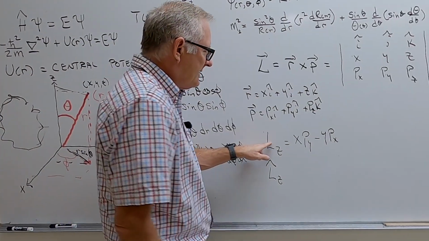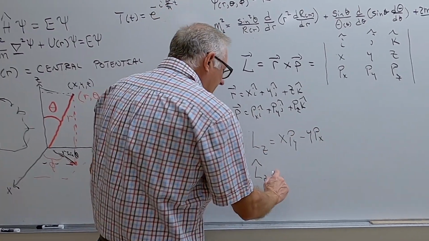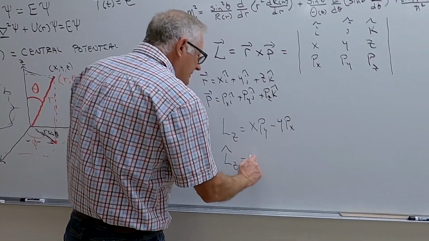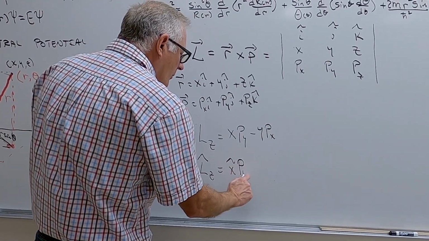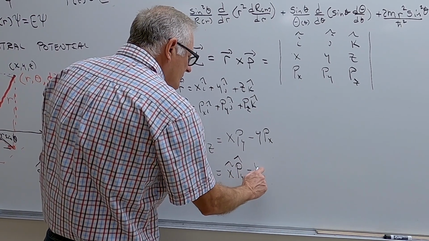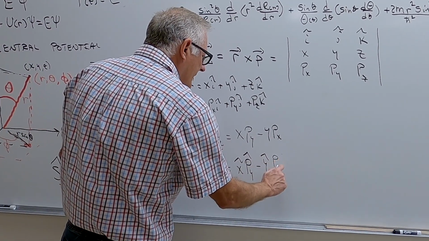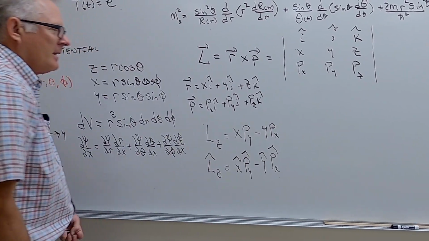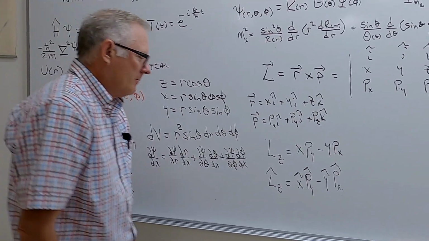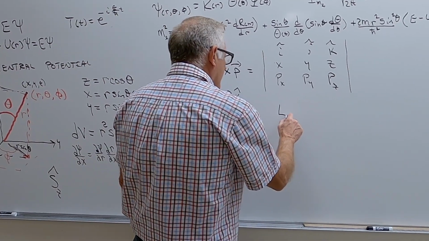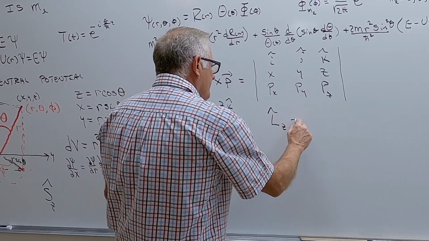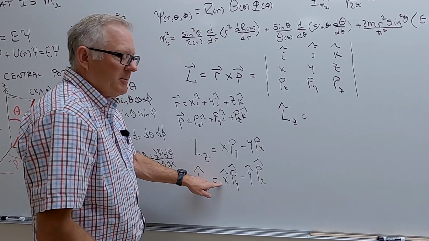So if I make this an operator, all of these just have to become operators. That's just x operator, py operator, minus y operator, px operator. Or if I plug in what the operators are, we know the x operator is just x.